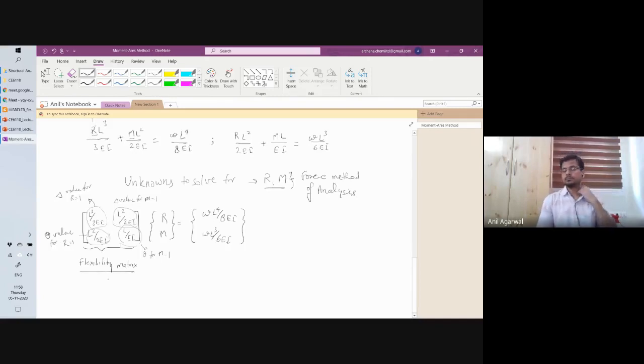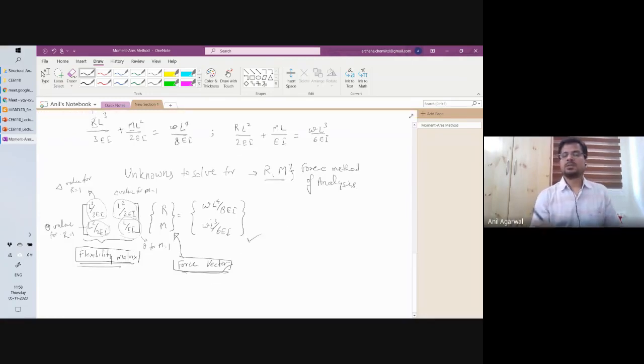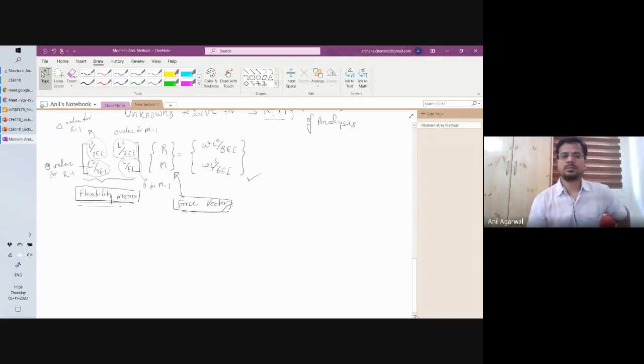And you can solve for R and M, because you are multiplying the flexibility matrix with your force vector. So this method can be called the force method or the flexibility method. And then these are the displacements, the displacements because of the real loads on the determinate system.